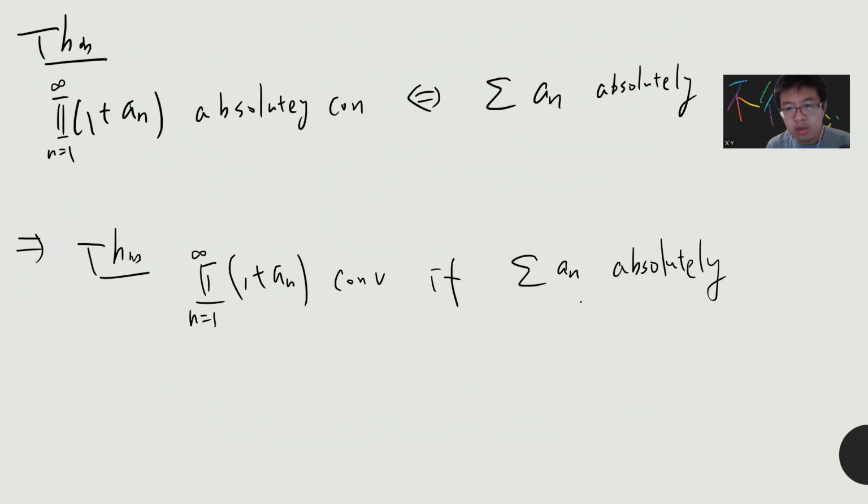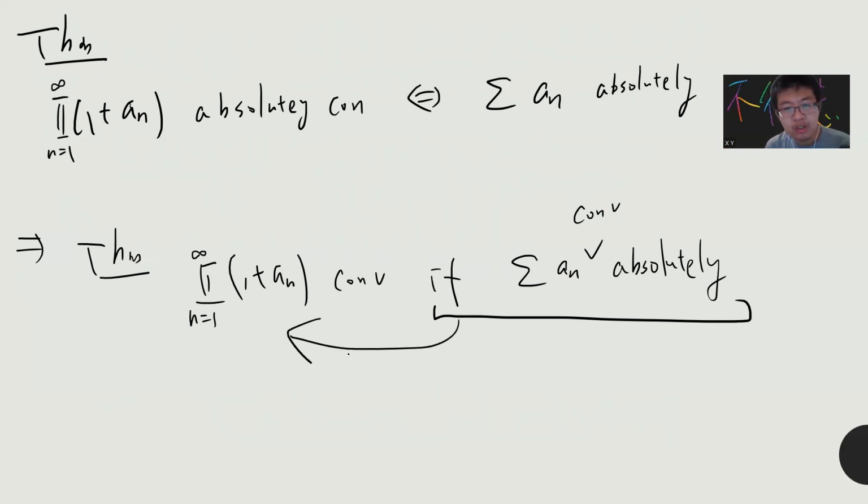Okay, yes, so we should say if the summation of an converges absolutely, then we have this. The proof is just: if an converges absolutely, then the product of 1 plus an converges absolutely, then we prove this.